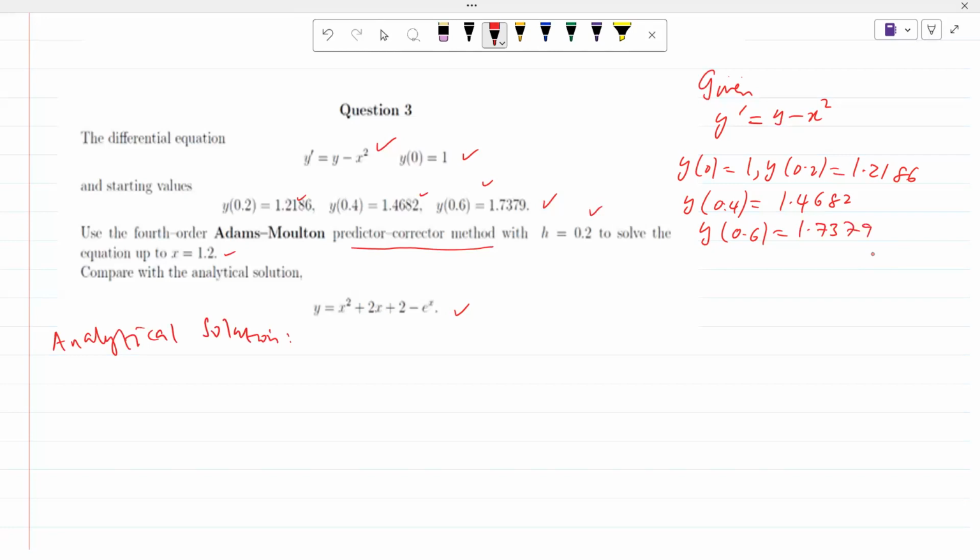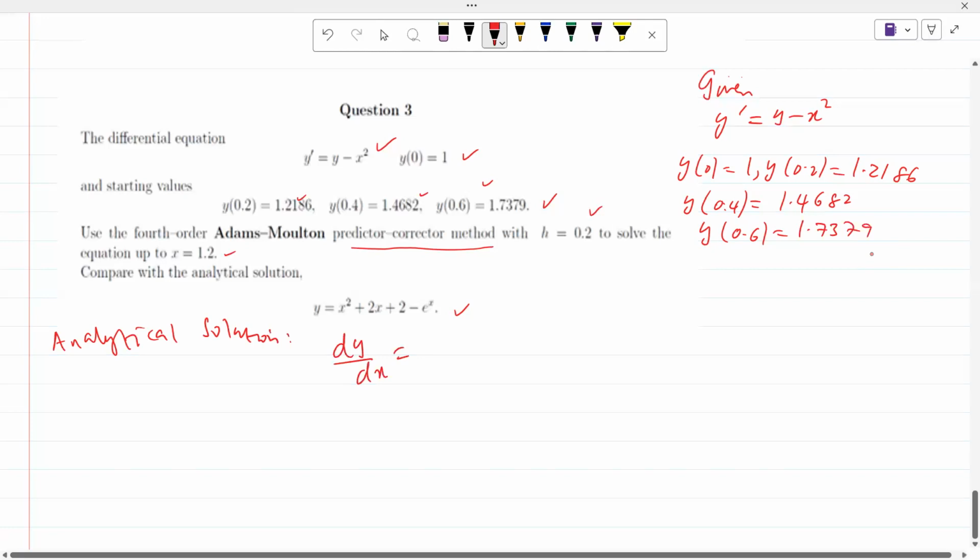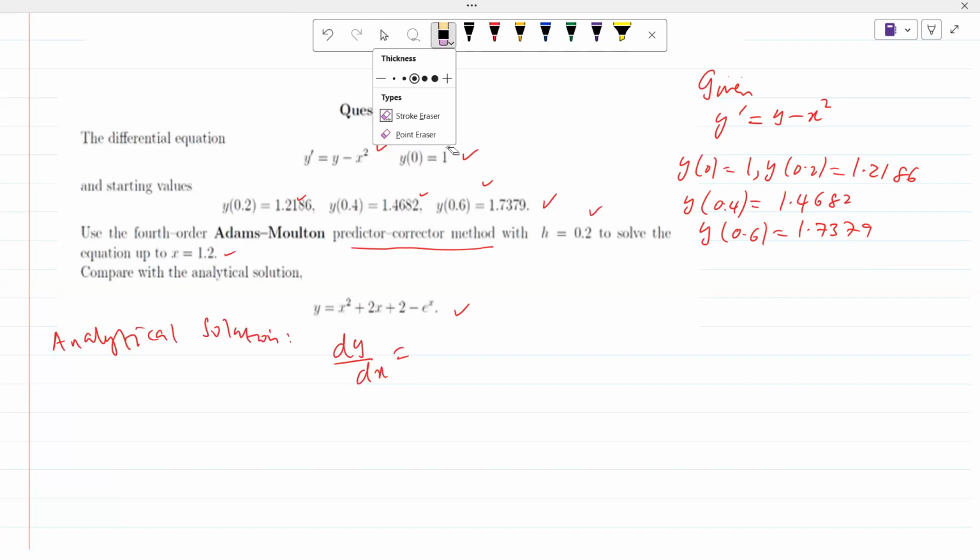We look at the differential equation dy/dx, just y prime, and it can be written as dy/dx, y prime, then you subtract y, and then you equate it to minus x squared. Normally these differential equations can be solved by using the usual methods in calculus.